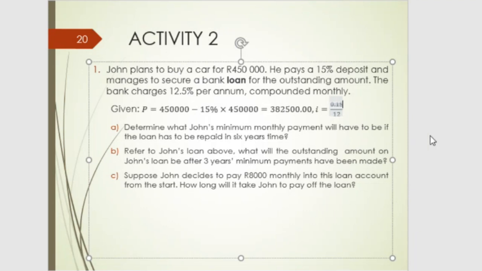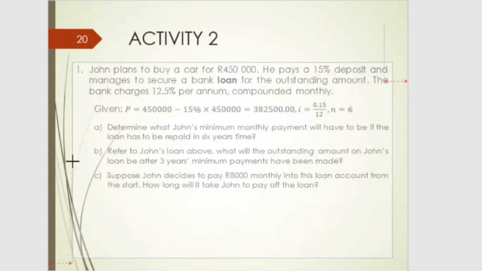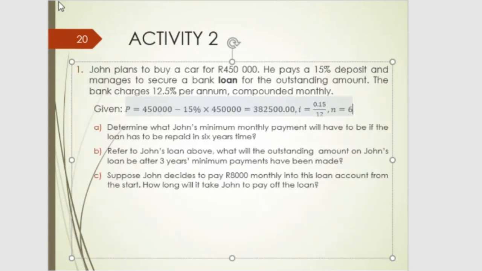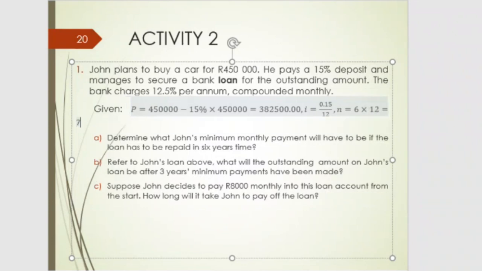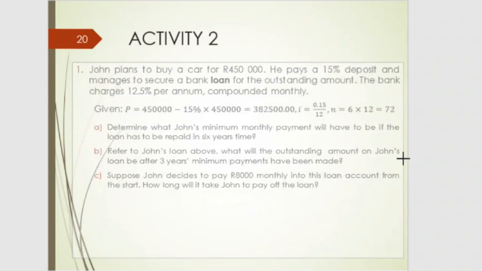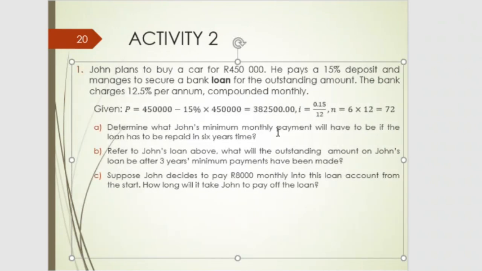Then the number of years, which is 6, multiplied by 12, and I already said that is 72. Okay, so this is the information which is given.